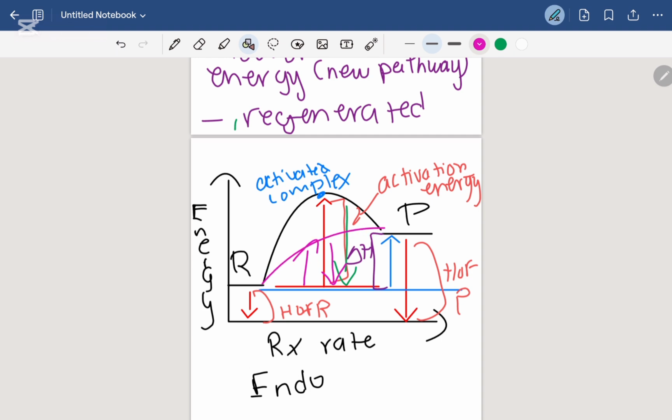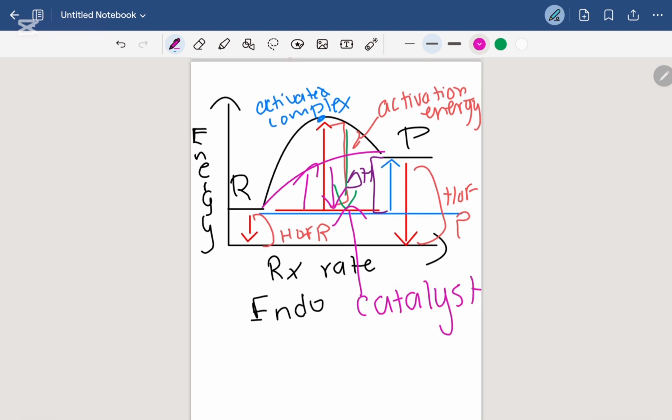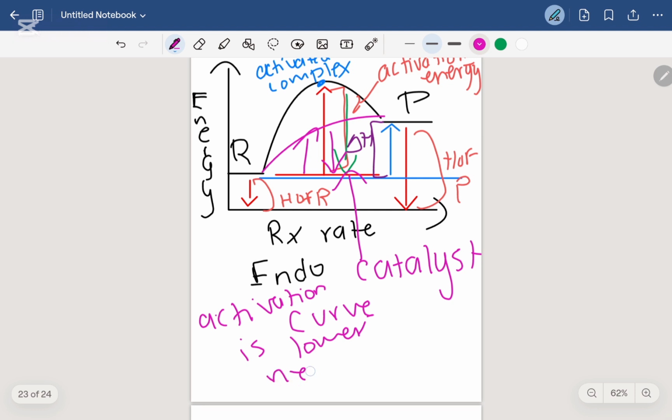There we go. So what can we say now? We can say that due to the catalyst, the activation curve is lower, okay? So it is a new pathway.